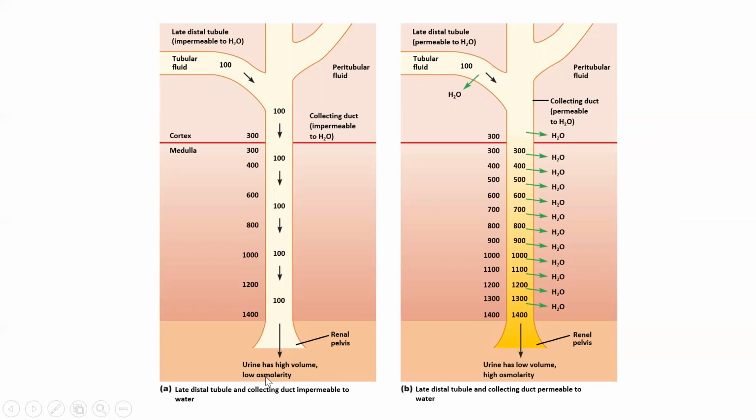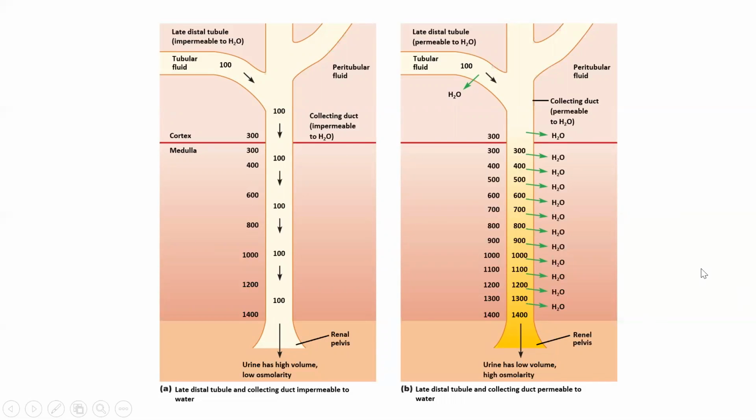We said in its most dilute form, with zero reabsorption taking place, the osmolarity of urine is 100 milliosmoles, meaning that although it's quite watery, there are still 100 milliosmoles of solutes dissolved in this filtrate. In its most concentrated form, the osmolarity is about 1400 milliosmoles. So although we have that range of osmolarity, we can never excrete pure water as urine.